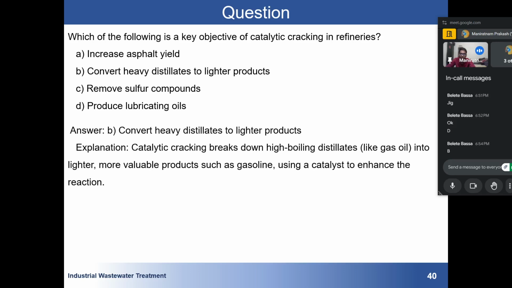Yes, catalytic cracking breaks down high boiling distillates like gas oil into lighter, more valuable products such as gasoline, using a catalyst to enhance the reaction. So catalytic cracking is used in refineries to convert the heavy oil into lighter products so that further processing can be done.